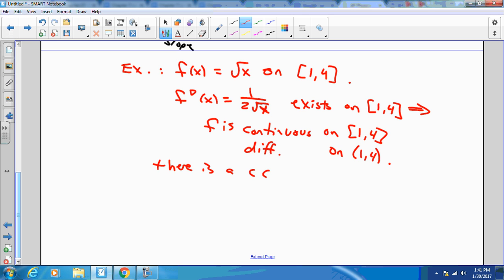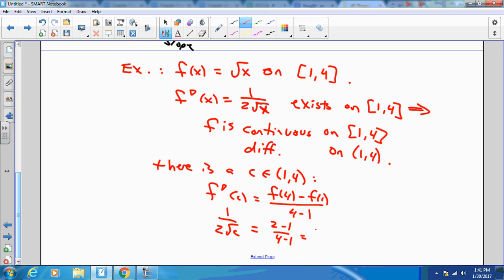Therefore, I conclude that there is a c somewhere between 1 and 4, such that f prime of c is equal to f of 4 minus f of 1 over 4 minus 1. And since I already have f prime of x, I can simply replace x with c. And I've already computed that this is 1/3.